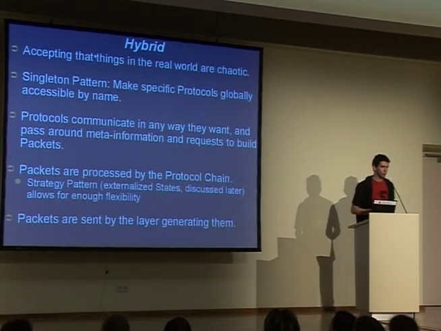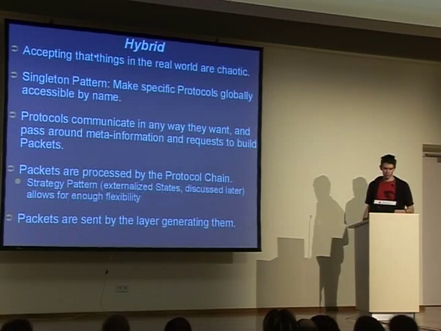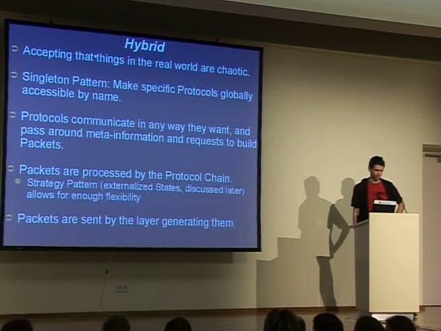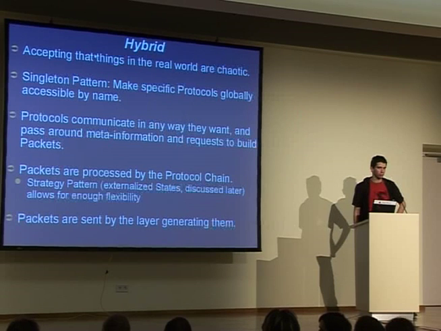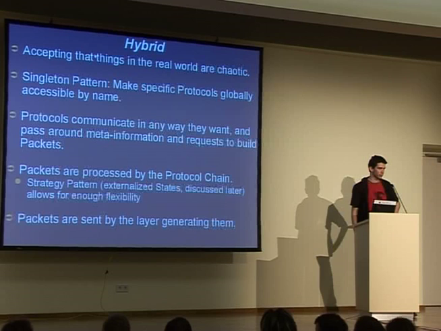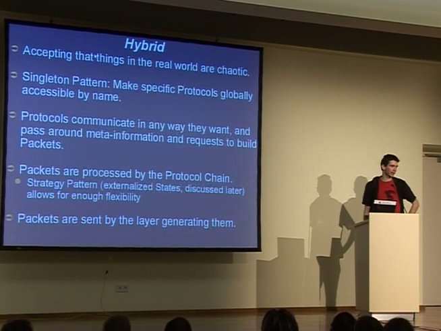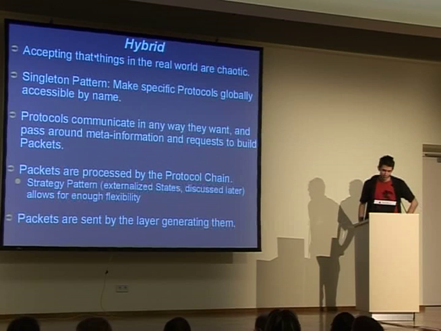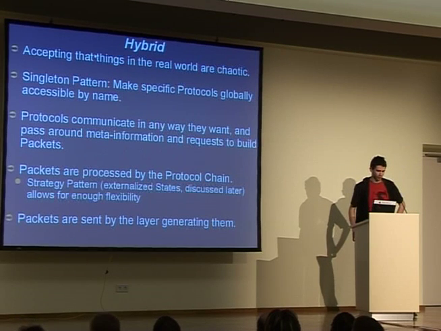So the hybrid approach, which I don't have because it's really chaotic, is just accepting that in the real world things are chaotic. And so all the protocols can talk to all the protocols. We use the singleton pattern for that, which is basically just saying we have global variables through various means so that protocols can find each other and communicate with each other. And protocols communicate in any way they want, and they pass around objects saying what they want to do.